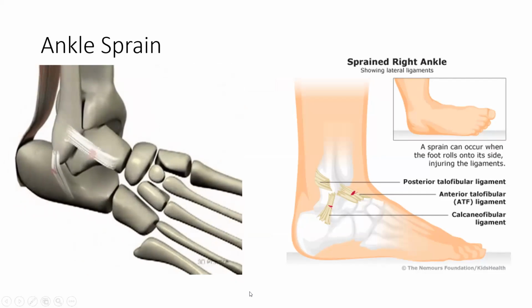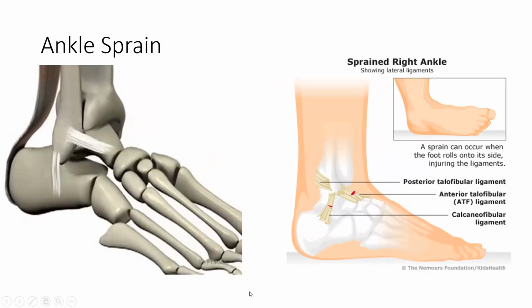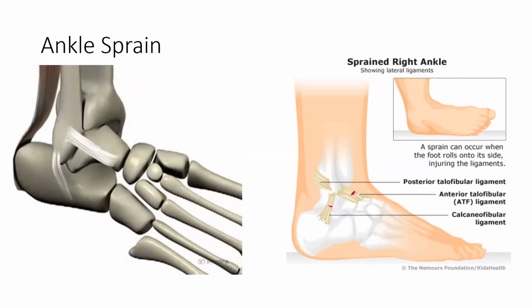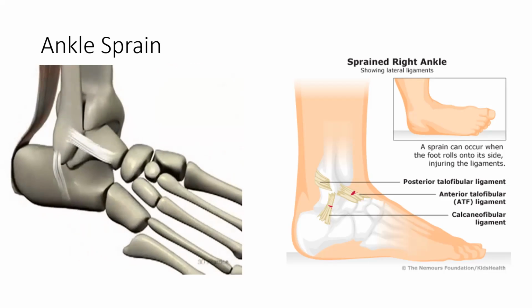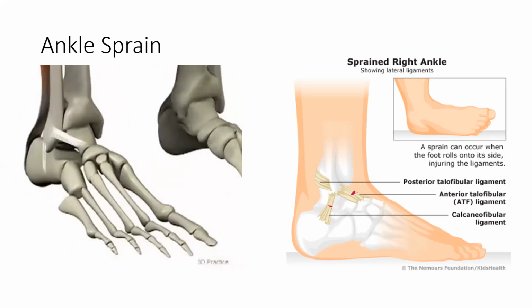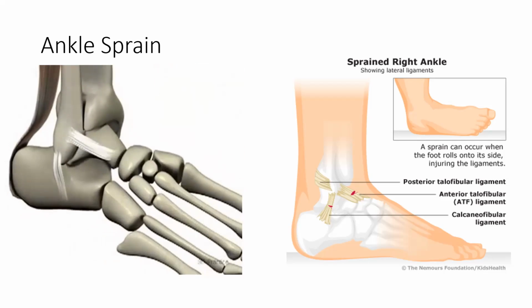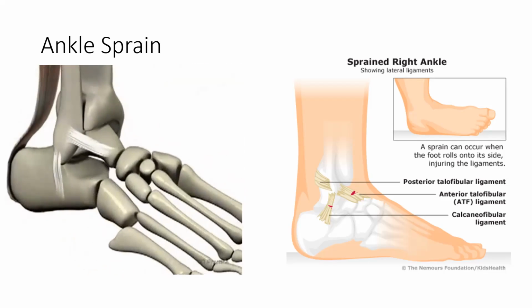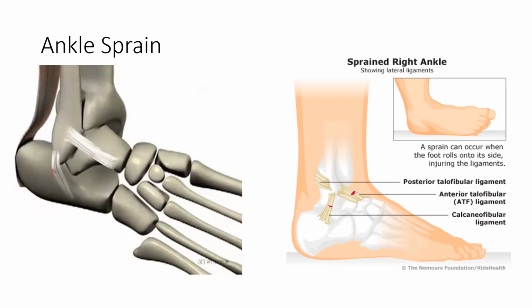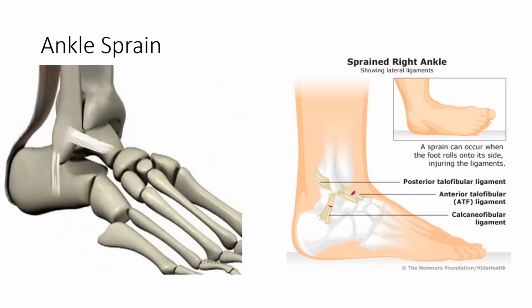So this rolling over is nearly always what happens. This is a sprained right ankle showing tearing of the ligaments, but there is no ankle bone to break. A break at the ankle would involve the talus or the end of the fibula or even the end of the tibia.